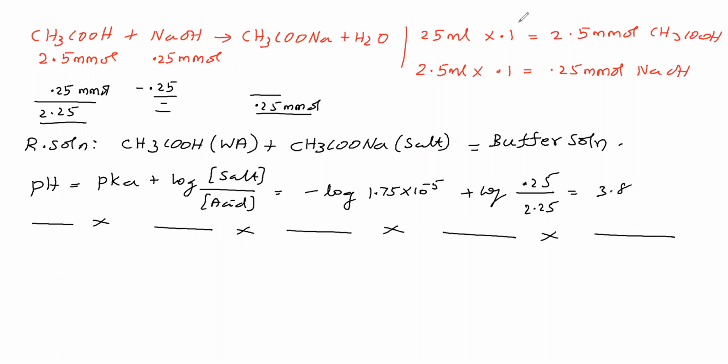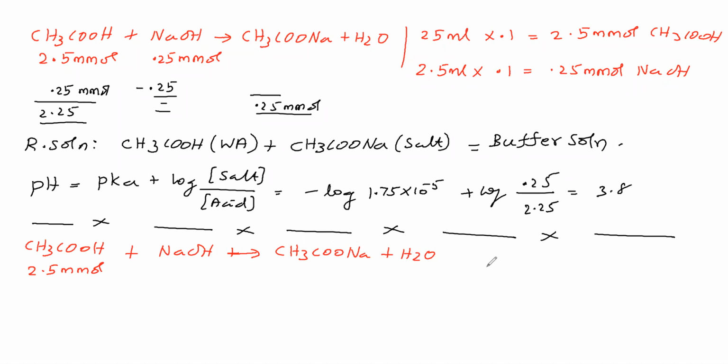Okay, so now in the conical flask, initially we have taken acetic acid. This acetic acid reacts with the sodium hydroxide from the burette to give sodium acetate and water. Initially in the conical flask we have taken 25 ml of 0.1 molar acetic acid. Therefore initially we took 2.5 millimoles of acetic acid.